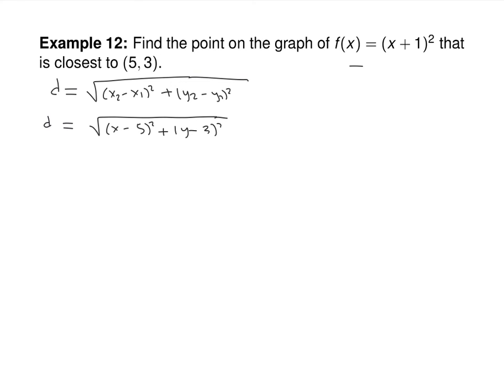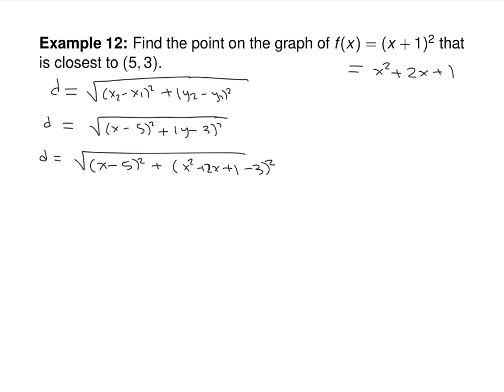And I'm going to take that f of x and write it as x squared plus 2x plus 1. So the distance is the root of x minus 5 squared plus x squared plus 2x plus 1 minus 3 squared. And with these distance questions, you can define your function f of x as the distance squared.